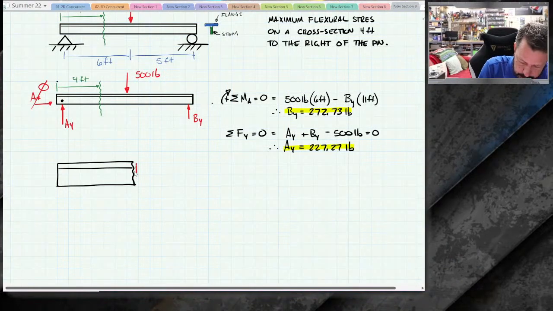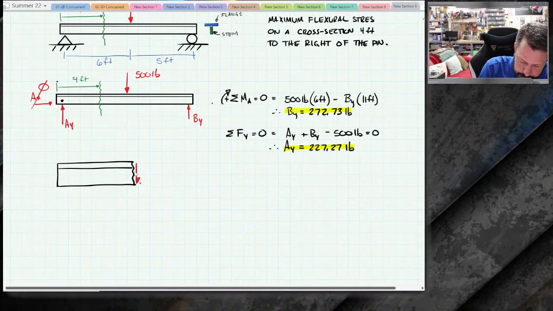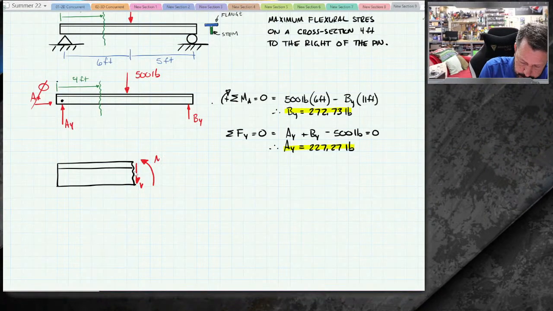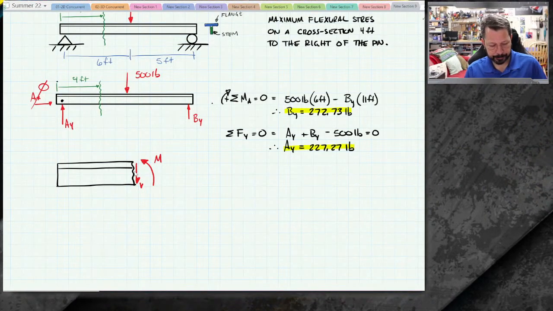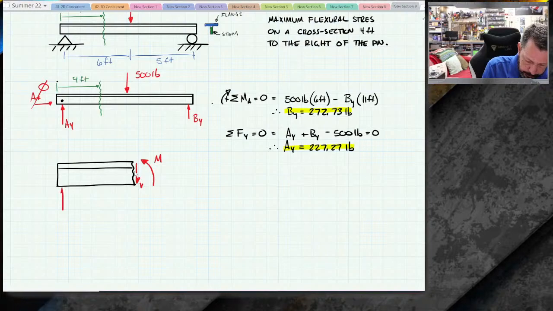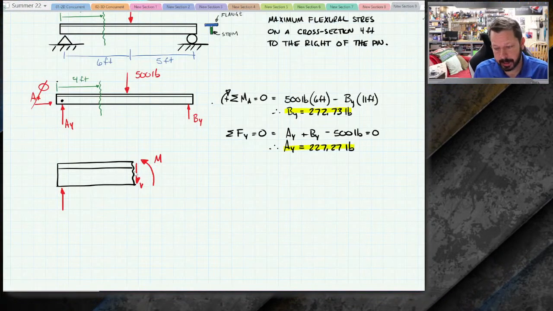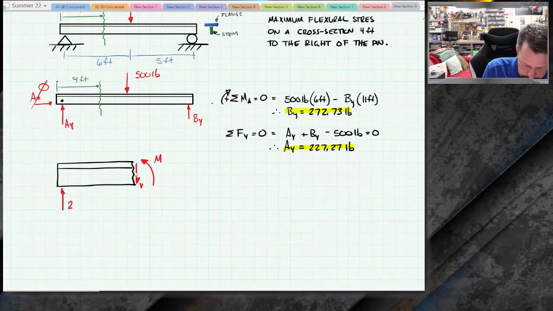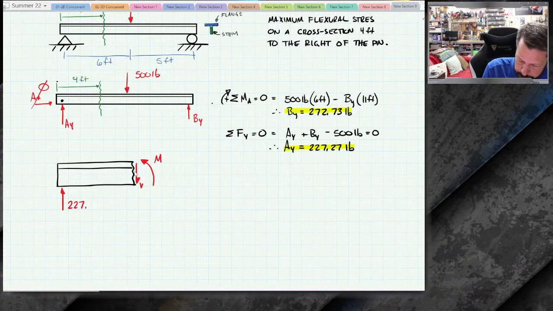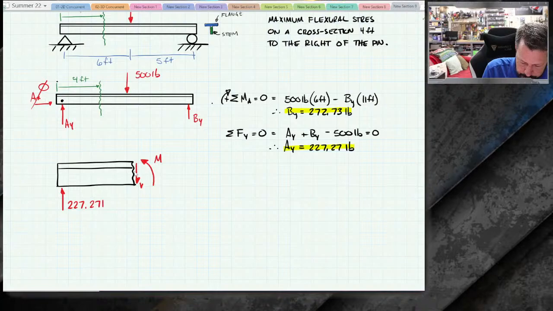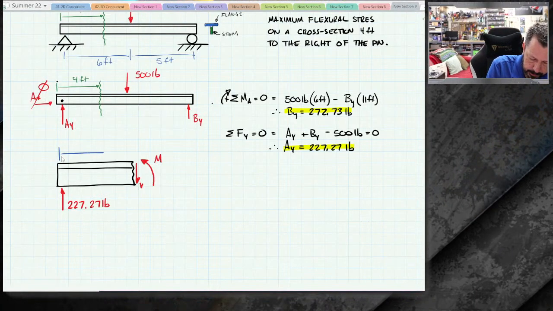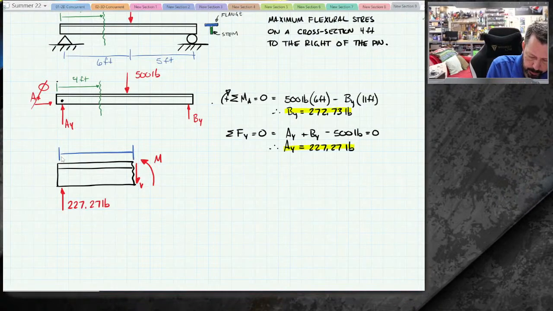So shear force goes down, V. Bending moment goes counterclockwise. AY goes whatever way AY goes. I drew it upwards, it came out positive, so it must go up, 227.27 pounds. And then I know that I cut this thing at 4 feet.